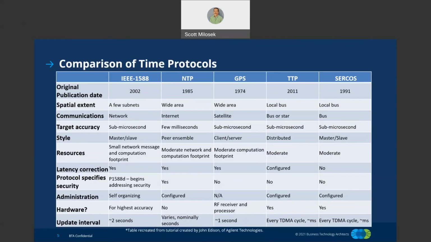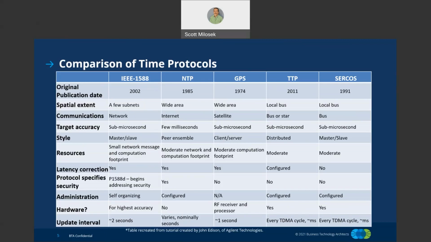The spatial extent of Precision Time Protocol, IEEE 1588, is basically a few subnets. The reason that you have that relatively small diameter network is to be sure that you continue to provide precise timing. The communications between the devices using PTP is a network, in our case, an Ethernet network.